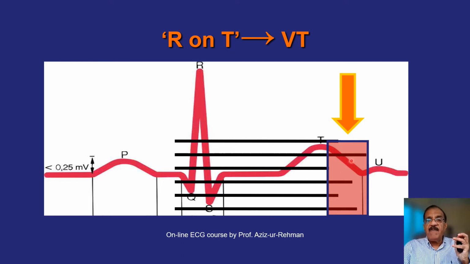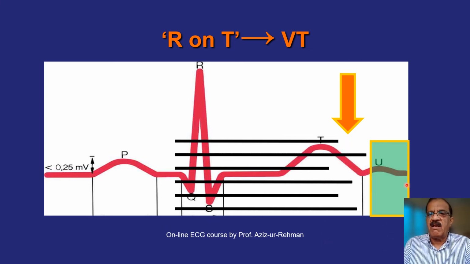And by the time this muscle responds in the form of depolarization, this one will be ready to receive the current, and then other muscle may be ready, and this is how, one after the other, multiple muscle cells depolarize and a ventricular tachycardia is started, and this is then followed by another refractoriness.